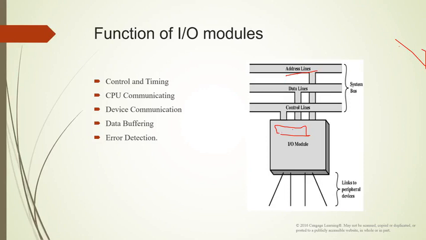So they keep the data in that buffer. A buffer is like a register. Registers are kind of like a cache, much faster than the RAM speed.